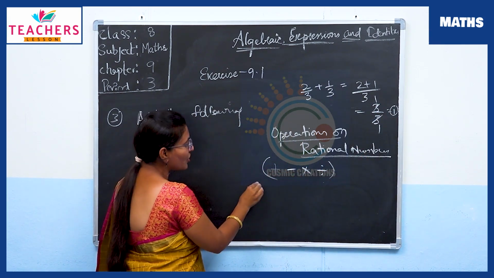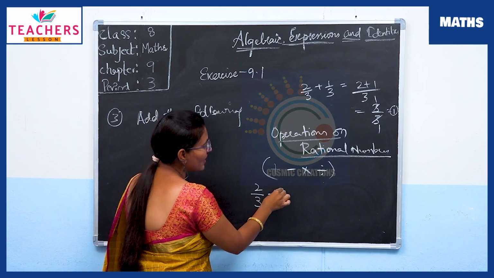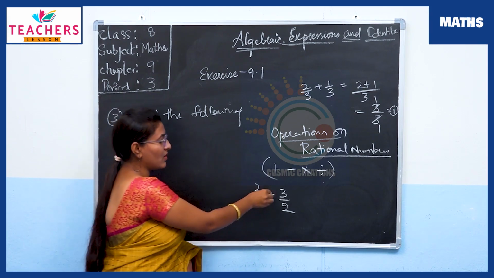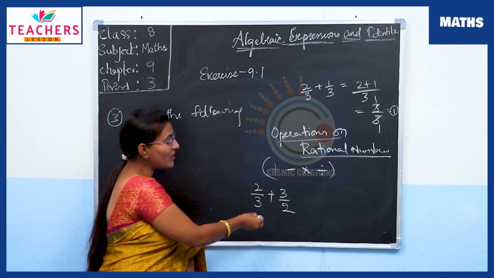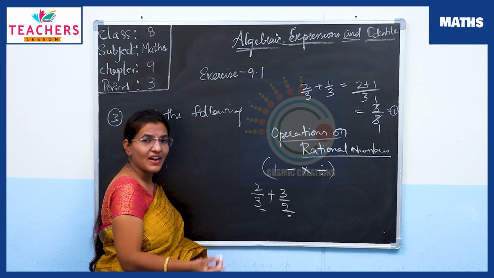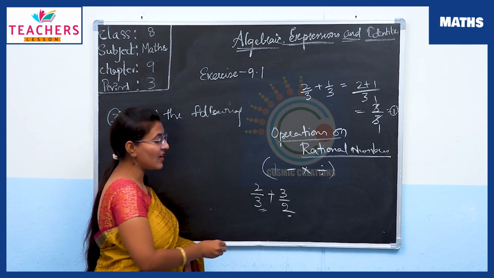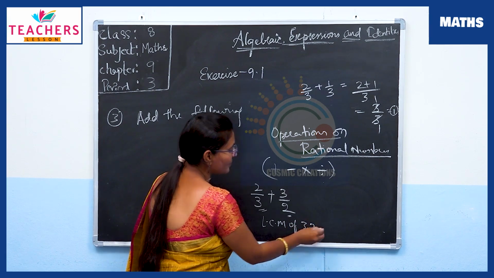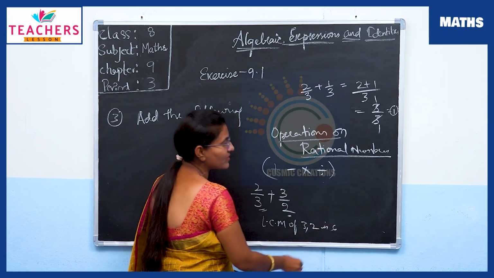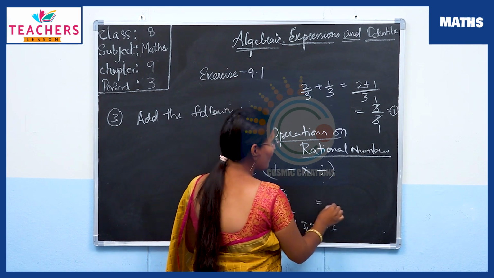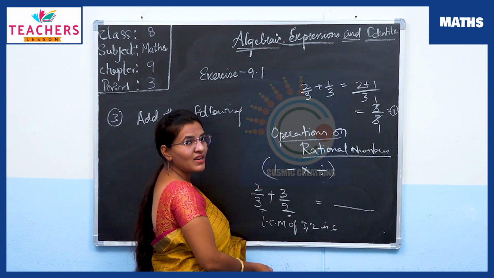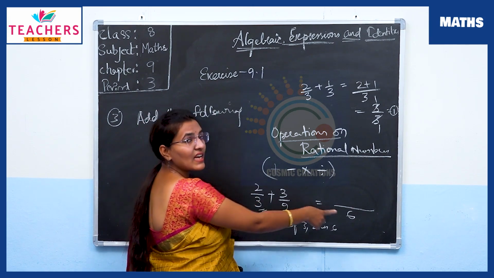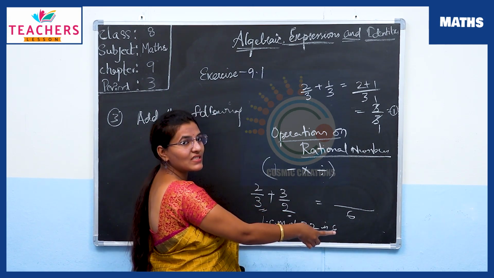And what do you have to do if the denominators are not the same? If you can see here, the denominators are not the same, right? So can we add directly? No. What do we have to take? Yes, we have to take the LCM of 3 and 2, right? What is the LCM of 3 and 2? 6. So now we write the common denominator, 6, for the first term. 3 is how many times of 6? 3 twos are 6.